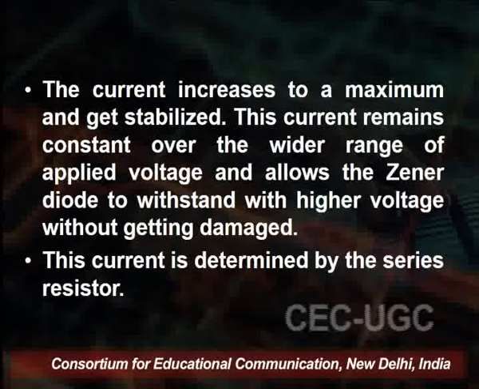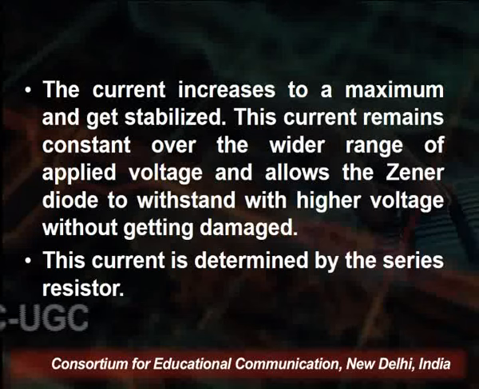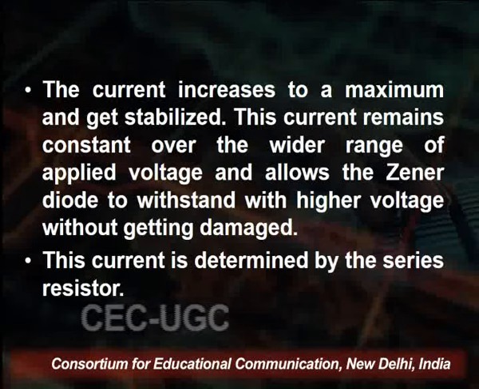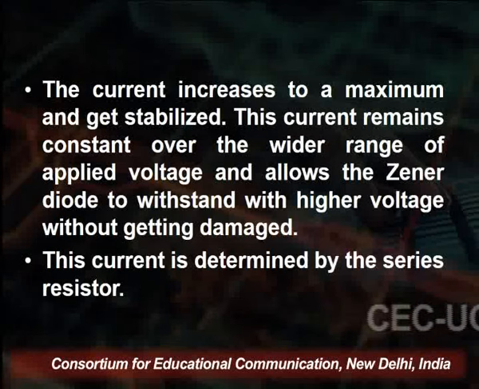The current increases to the maximum and gets stabilized. Current remains constant over a wide range of applied voltage, allowing the Zener diode to withstand high voltage without getting damaged in reverse conditions. This current is determined by the series resistor.